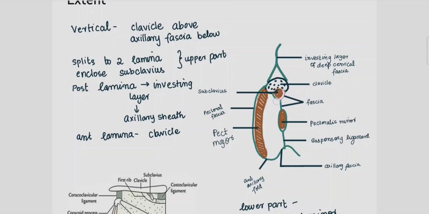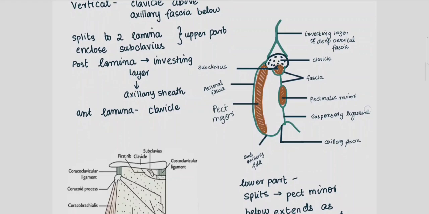So it divides into two parts, an anterior lamina and a posterior lamina. The posterior lamina goes up and continues with the investing layer of deep cervical fascia, and the anterior lamina goes and attaches to the clavicle.